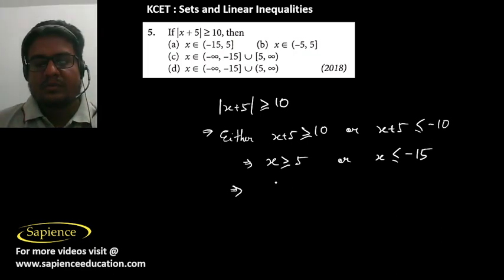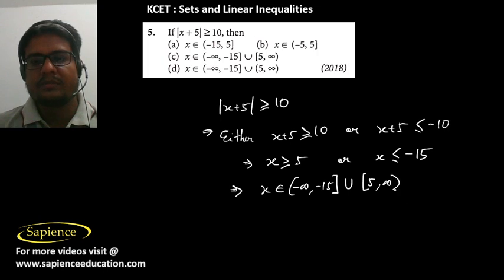So therefore x belongs to minus infinity to minus 15, which is included, union 5 to infinity. So option C is the correct answer.